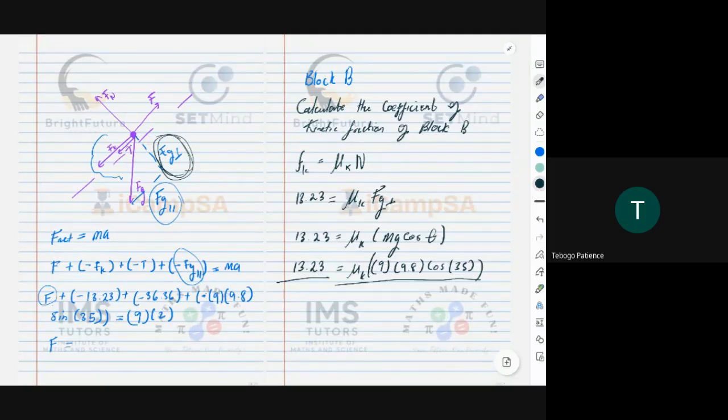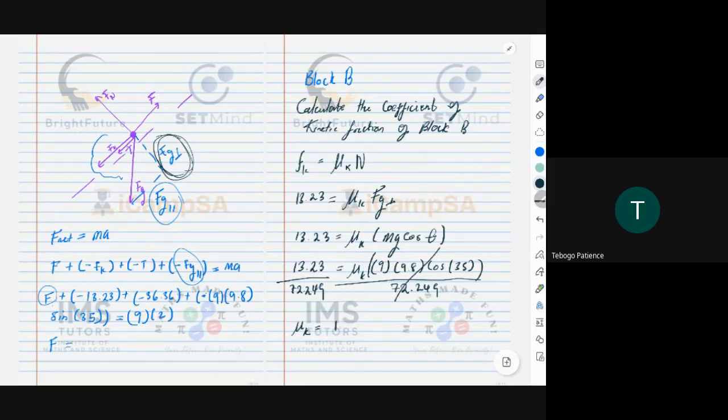So it's going to be 9 times 9.8 times cos 35, which is going to be 72.249. 72.249 goes away, then your mu K is going to be 13.23 over 72.249.